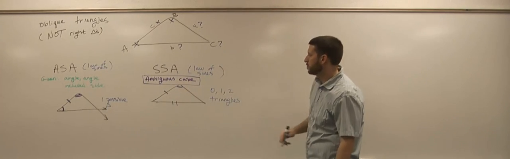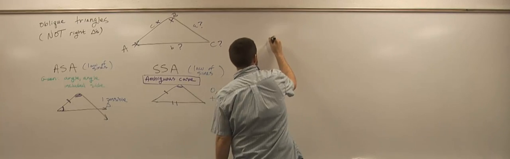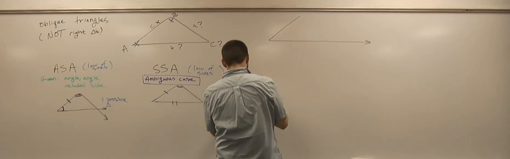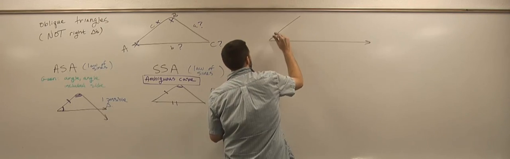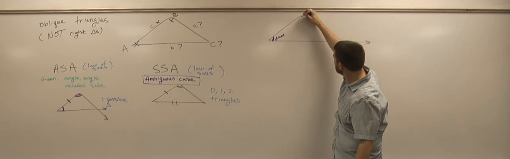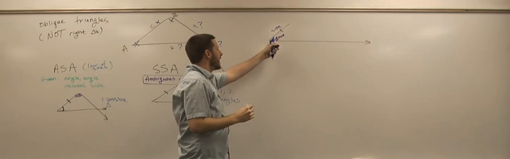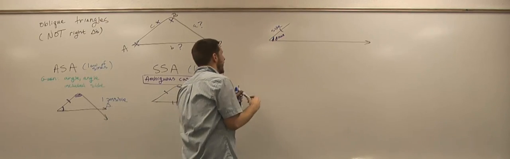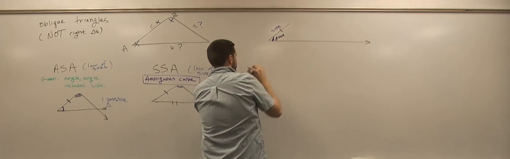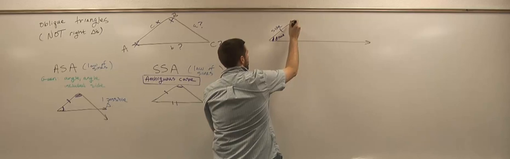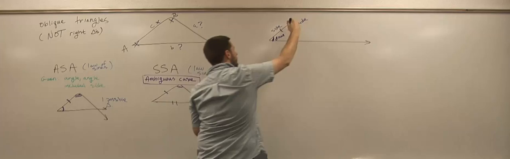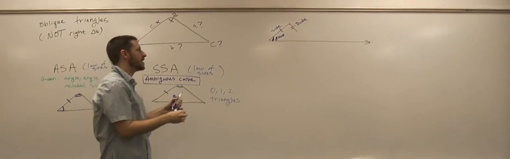if I give you an angle, let me do it like this. Here's an angle that you're given. Here's a side length. So you're given an angle, and a side, and another side. So you have to be given this side over here again. In this case, I can't form a triangle because my side length isn't great enough.